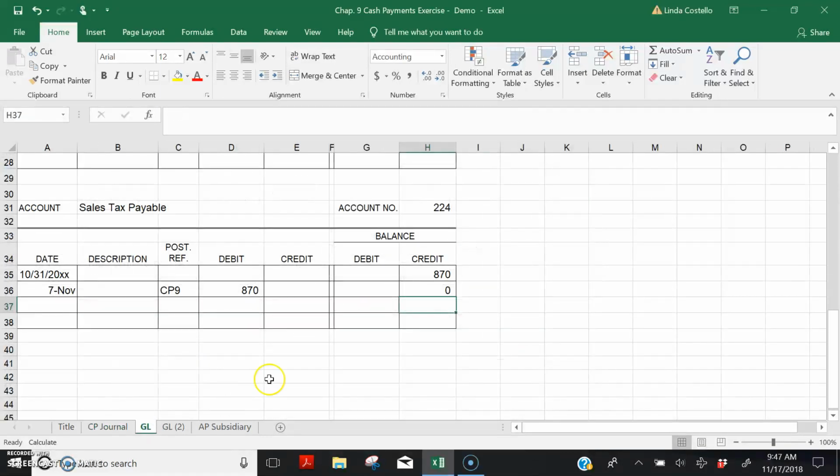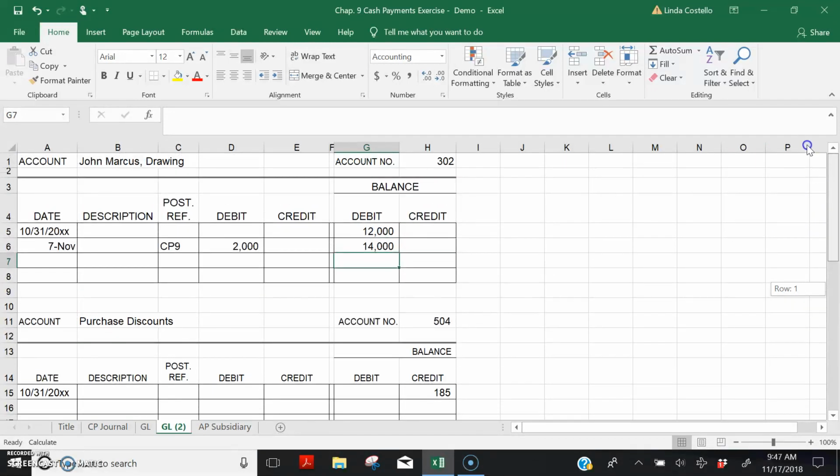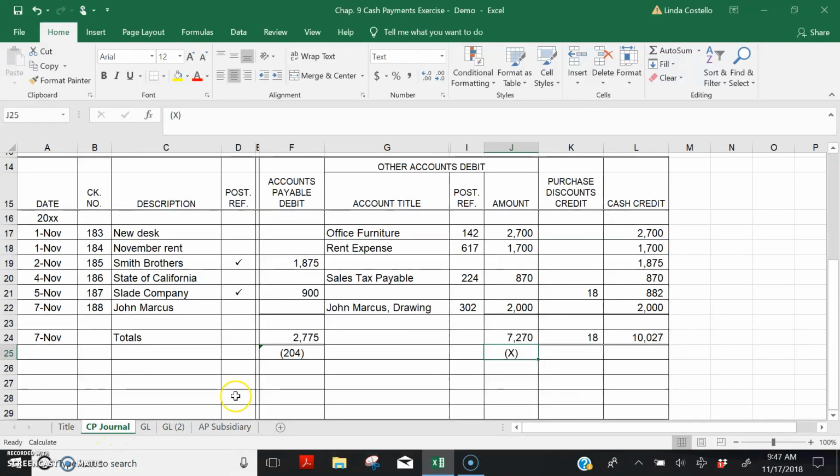General ledger account 302, John Marcus drawing, date November 7th, posting reference CP 9, debit $2,000, leaving a debit balance of $14,000 in the account. The previous $12,000 debit balance plus the $2,000 debit we just posted. Posting reference 302.